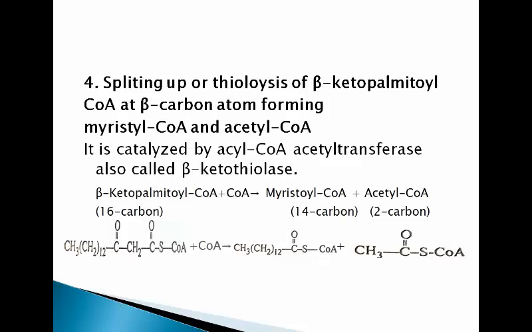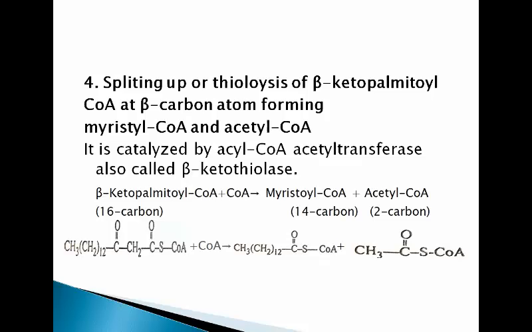because the palmitic acid, which was the 16 carbon containing fatty acid, after successful reaction of beta oxidation, is converted to myristoyl-CoA and acetyl-CoA. This requires the enzyme acyl-CoA acetyl transferase, which is also called beta ketothiolase.